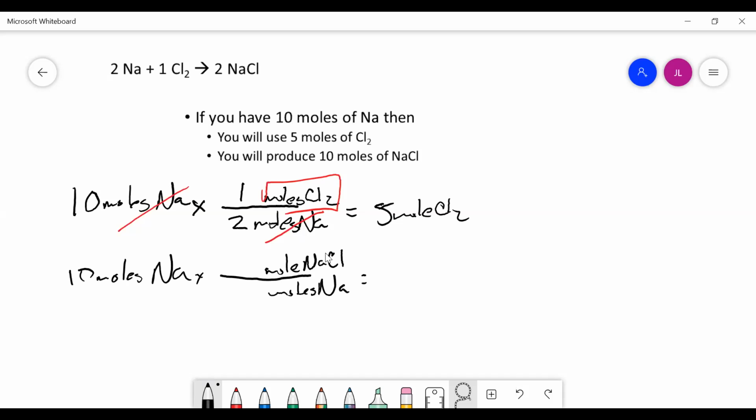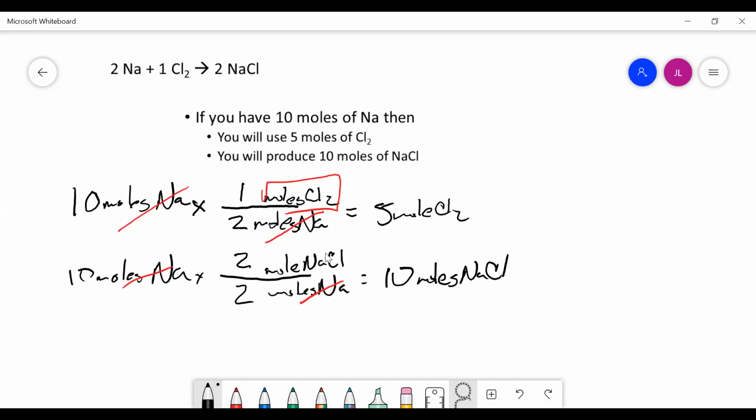Again, take the coefficients, and we're just going to put 2 over 2. 2 over 2 is really 1, so 10 times 2 divided by 2 gives me 10 moles of NaCl. Again, our moles of sodium cancel out.